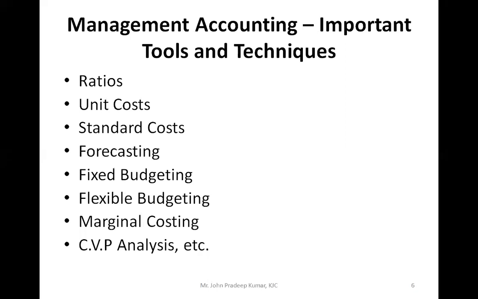I think you are learning, right, in OR, operational research techniques. They're going to use that also for management accounting, plus some other engineering techniques also. So ultimately, they're going to use all the tools and techniques which are available, and they're going to prepare the data, and that data will be used exclusively by management.